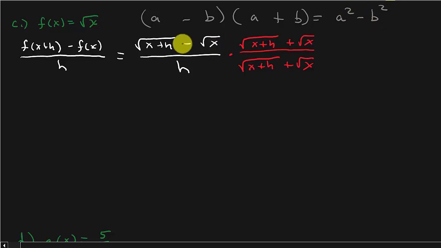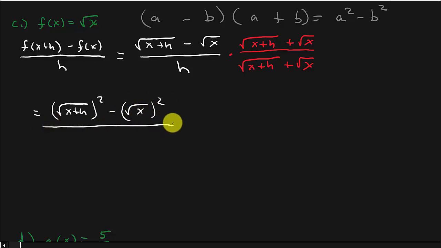And we can see in this problem, a is the square root of x plus h. b is the square root of x. And so this is going to be the square root of x plus h squared minus the square root of x squared, over h times square root of x plus h plus the square root of x.